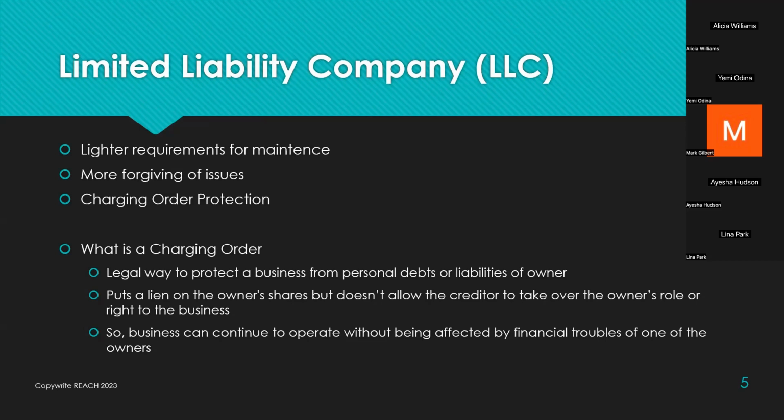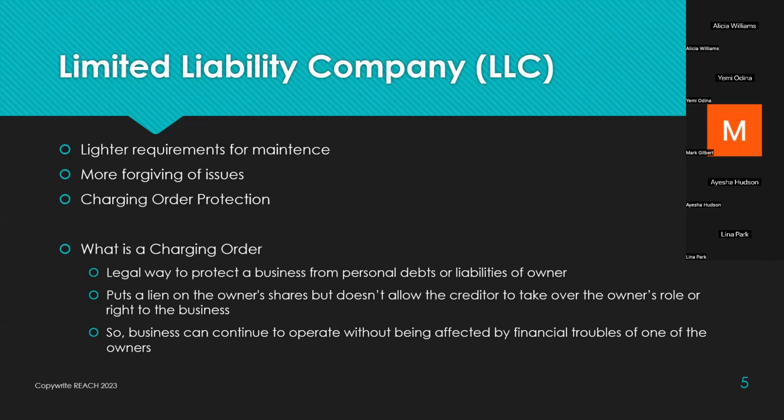It can put a lien on your shares, on your part of the LLC, but it does not allow the creditor to take over your rights to do business. And they have no right to say what happens with that business. So businesses can continue to operate without being affected by financial troubles, without the person who has the charging order being able to tell them what to do.